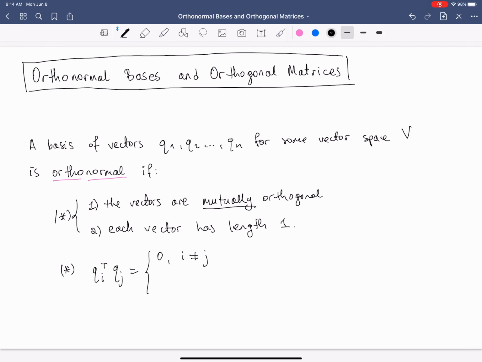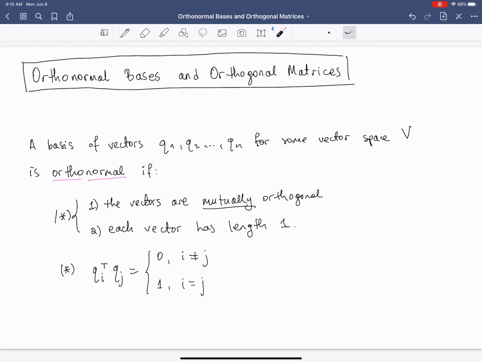What does that mean? It means if you take two different vectors, say q1 and q5, when you take their dot product, you get 0 because the two vectors are orthogonal, and you get 1 if i is j. So if you take Qi transpose Qi, you're going to get 1, which says that the vectors are orthonormal.